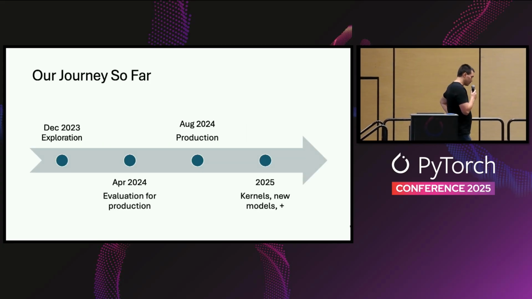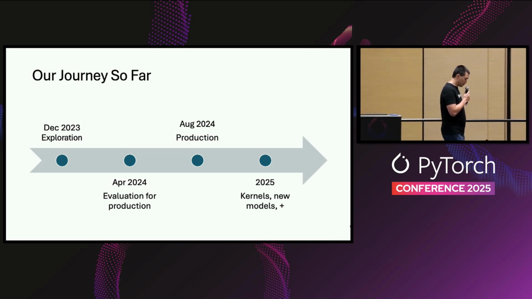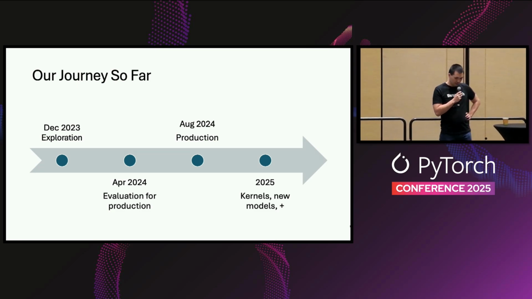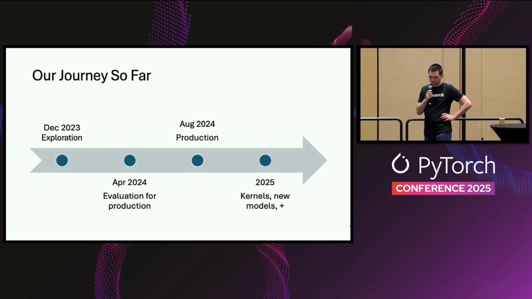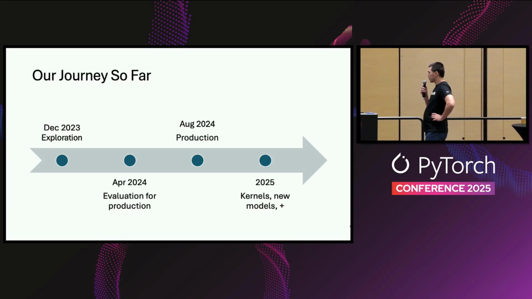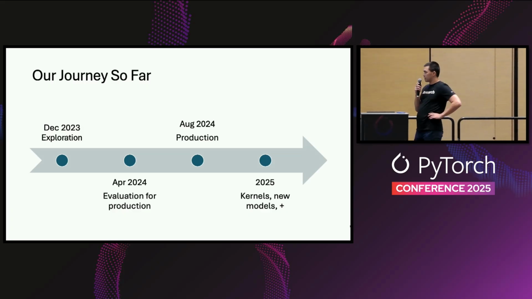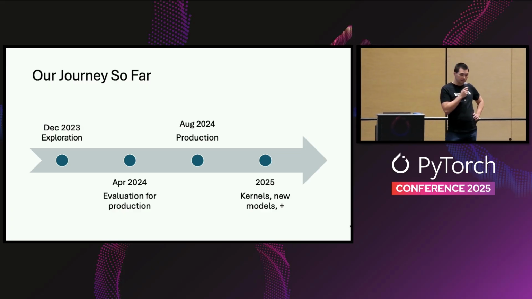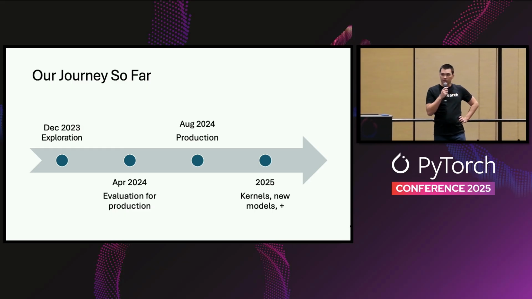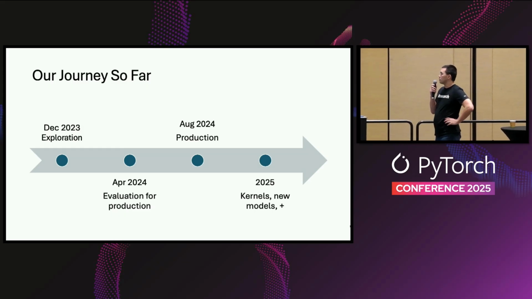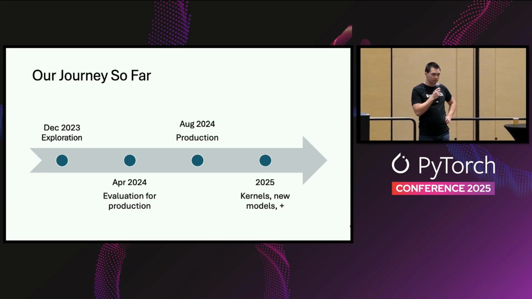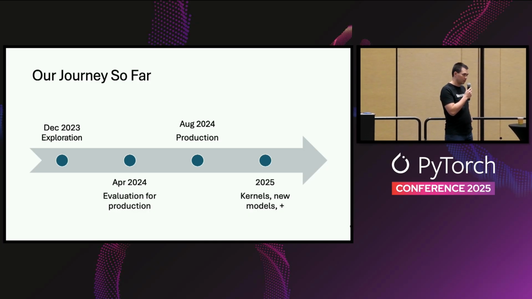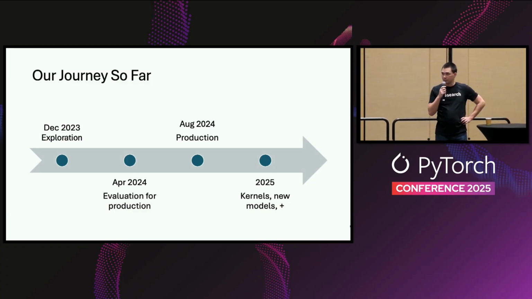A brief timeline. So we were, I would say, interested very early, for sure, in TorchTitan, which I'll explain a bit more about what that is in a second. And I'll talk about the early exploration period, what made us interested. Later, I'll talk about how in April of last year, we started evaluating TorchTitan as a framework for doing real full-scale production runs for some work at IBM Research.